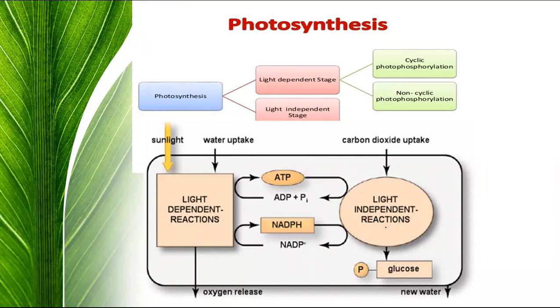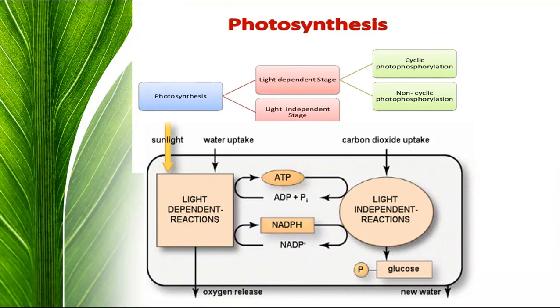Here is the light independent reaction. The light dependent reaction occurs in the presence of sunlight and water. When they absorb light, they take up water, and at that time cyclic and non-cyclic photophosphorylation occur, in which ATP is formed.